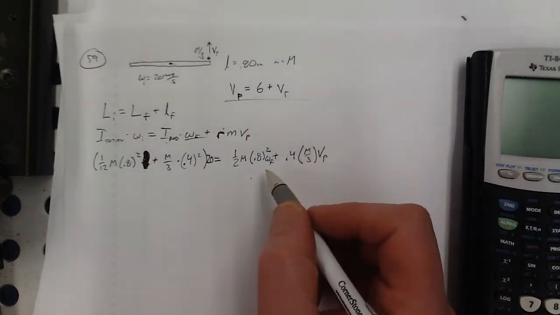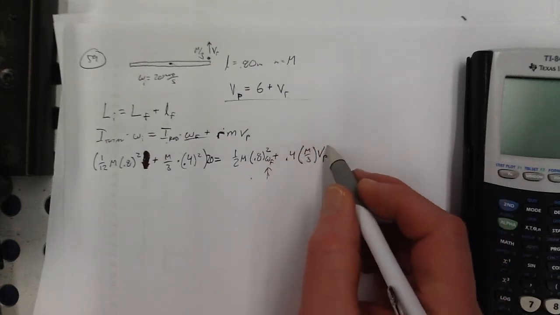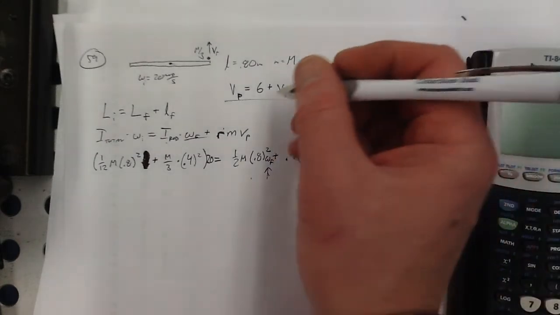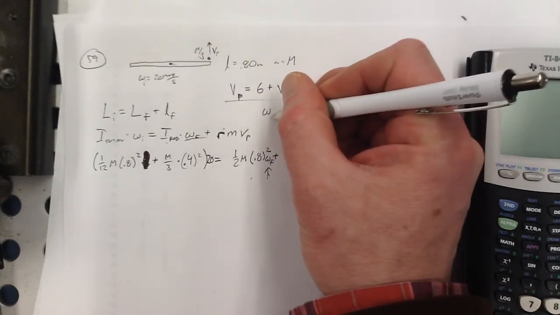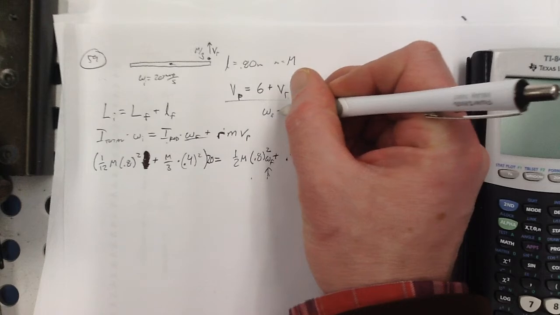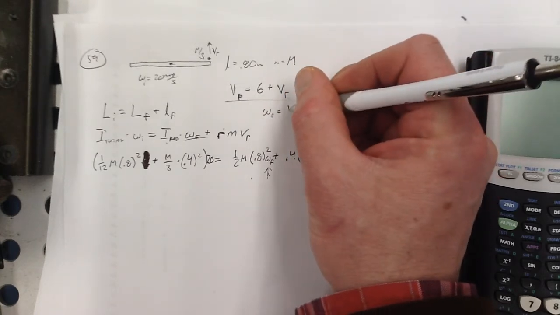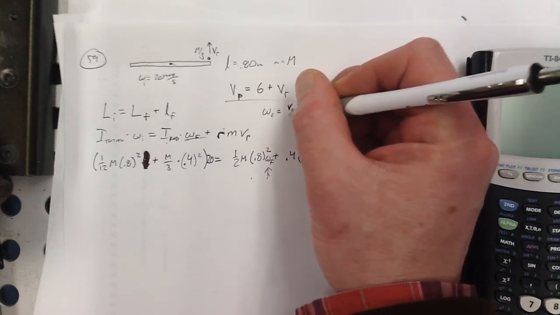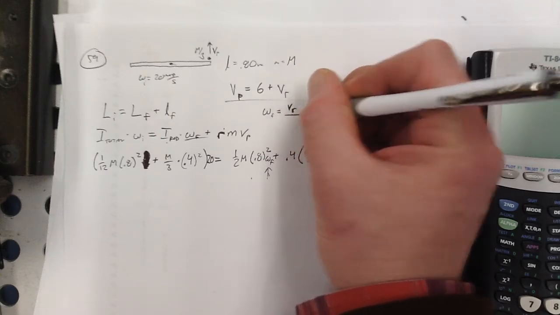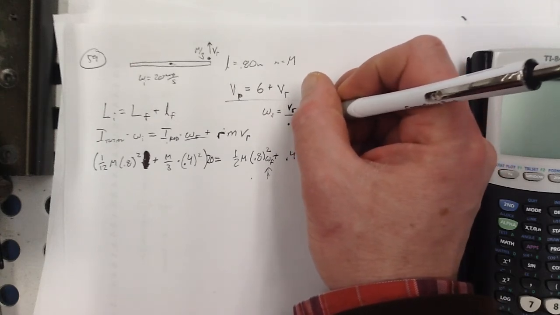I need to somehow recast omega final in terms of Vp, right? So here I just need to recognize that omega final, that's the omega of the rod, is equal to V over R. So that would be the V of the end of the rod over R, which is 0.4.